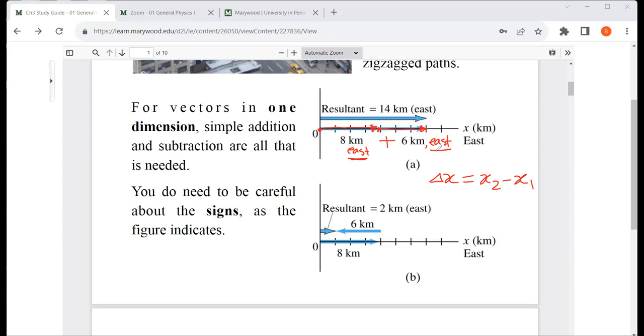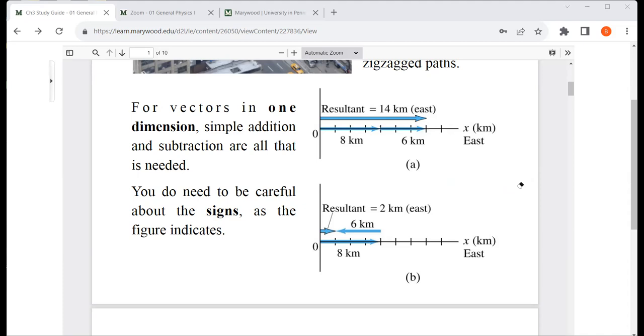Okay, so you see that we can just add them together. Okay, so if both vectors are in the same direction, then we can just add them together to get their sum, or to get the resultant vector.